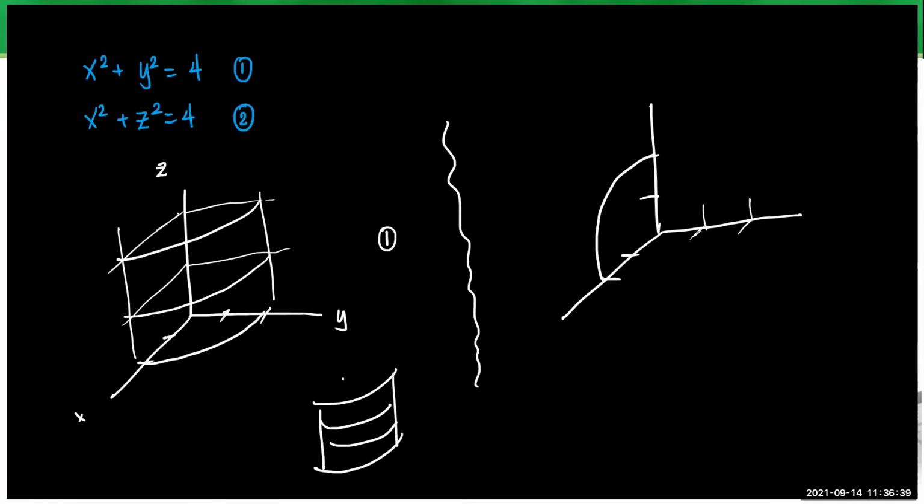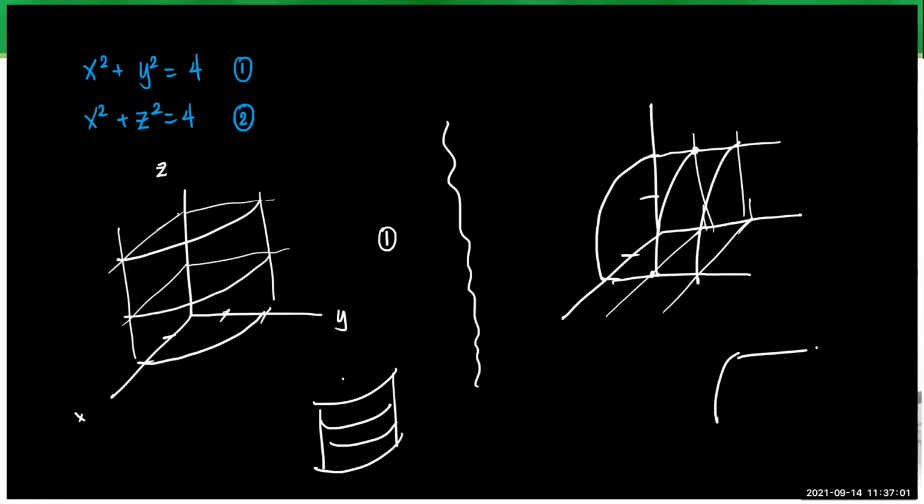Kunyari, ang y natin is equal to 1, y is equal to 2, whatever. We can draw rulings parallel to the y-axis. So ito yung y, draw tayo ng lines parallel. And then, di ba, it touches here and here, and then the trace is a circle. Let's just copy that. So para lang siyang, can you follow, guys? So this is your figure number 2.